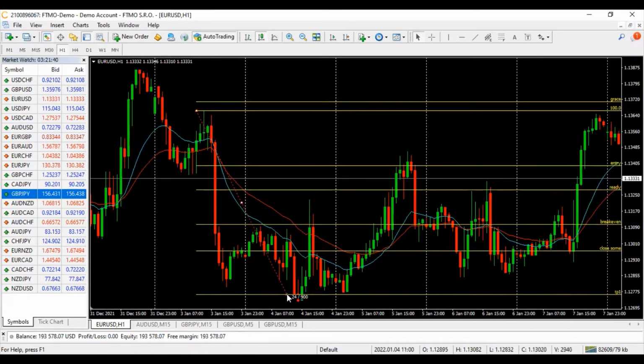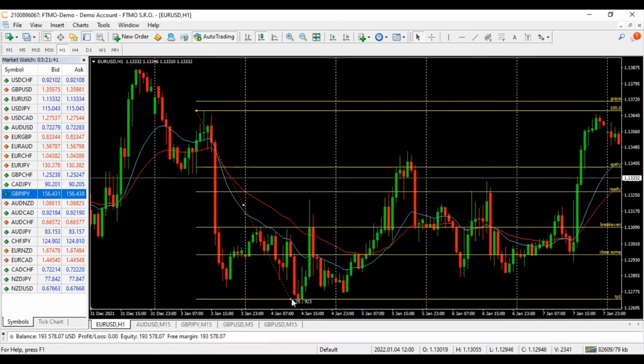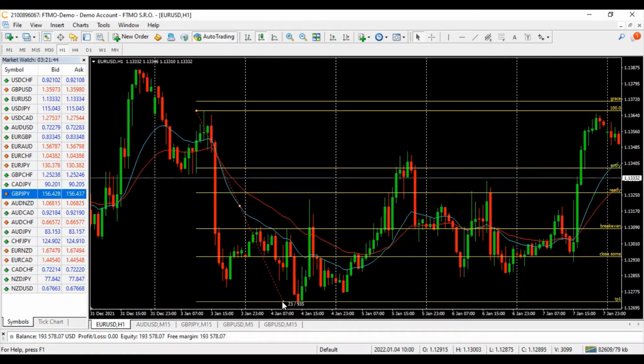So we come to this new low also. All right. So now it hits, so we see the trade here. It hits my entry point. So this trade would have triggered here.